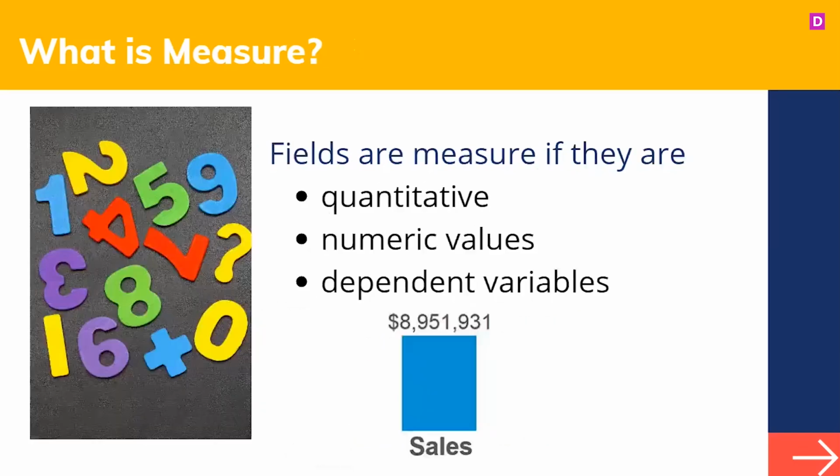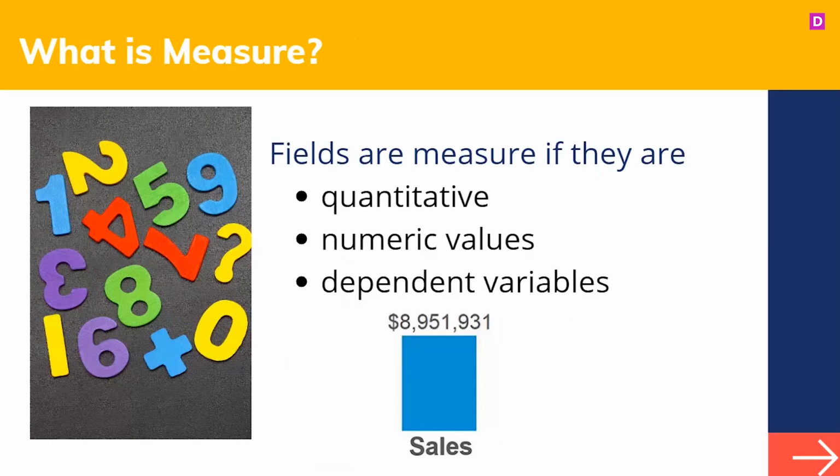Now let's move ahead and understand the meaning of measure. A measure should definitely be the opposite of whatever I have spoken about in terms of dimensions, right? Dimensions, I said, will be categorical in nature, and a quantitative value will not be there.